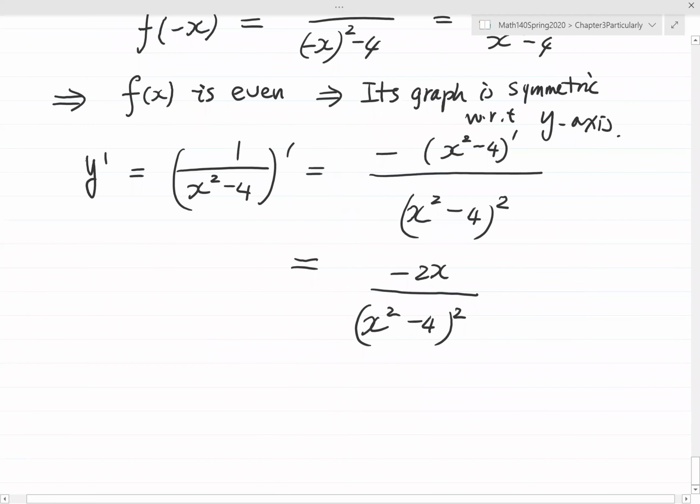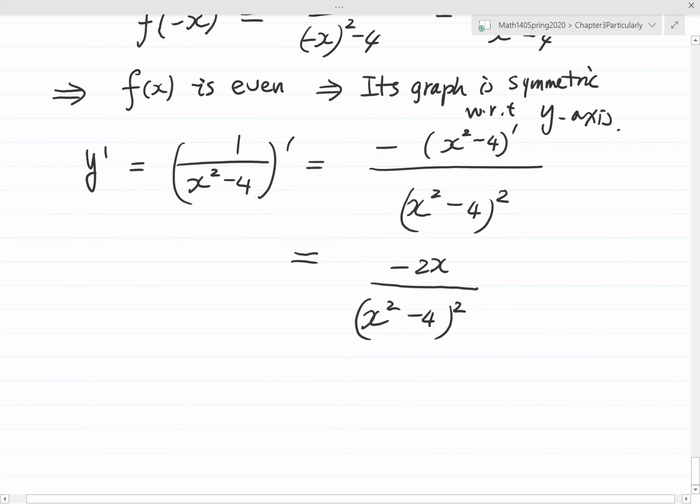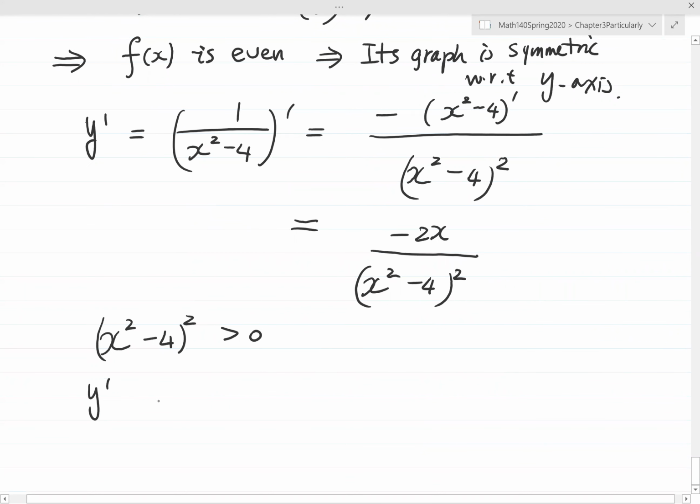Now we need to find when the derivative is positive and when the derivative is negative. You see the denominator is always positive. So y prime is positive if and only if the numerator is positive, i.e. x is less than 0.